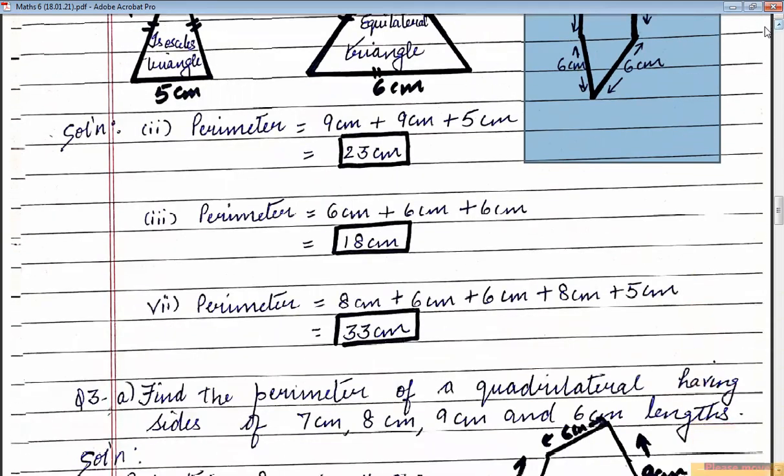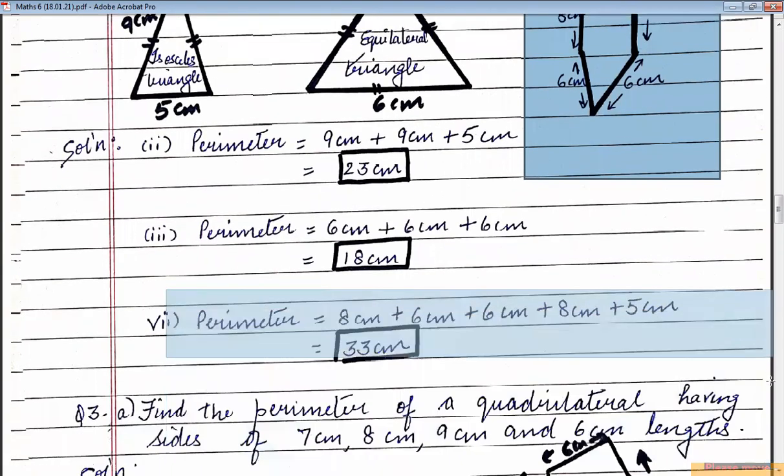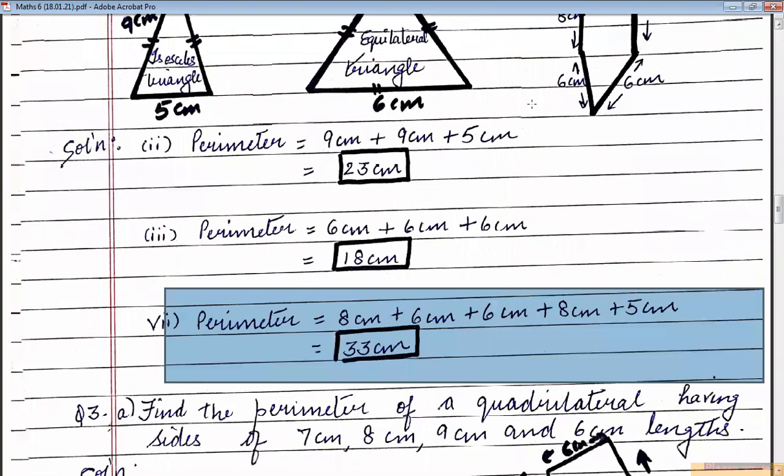You just have to add all the sides. So you can add 8 centimeters, 6 centimeters, 6 centimeter, 8 and 5. After adding, you will get your answer as 33 centimeter. So what is your answer here? 33 centimeter. Okay children, I guess you are clear with the perimeter concept.